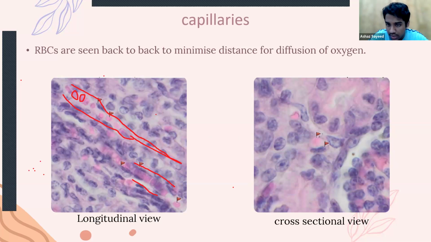Over here, you won't see a line. You'll just see one red blood cell. That's because in this view, it's like you cut the capillary and see it from the top. That's why it looks like there's only one. But behind this, you have many more RBCs. Again, remember, RBCs stand in a queue.